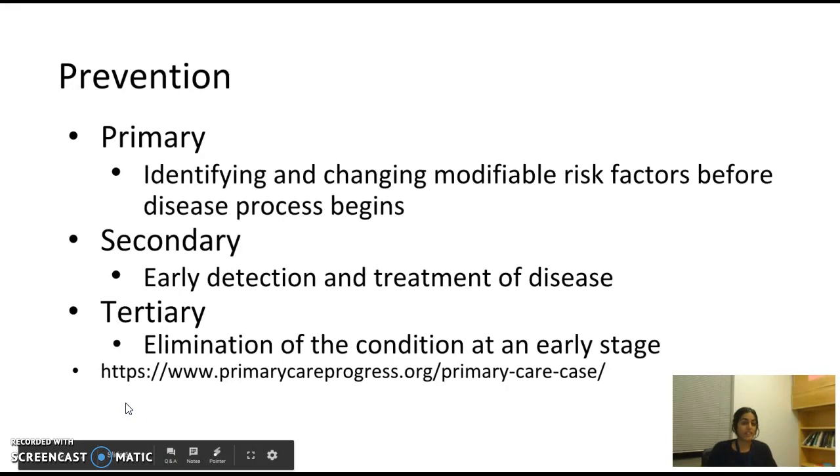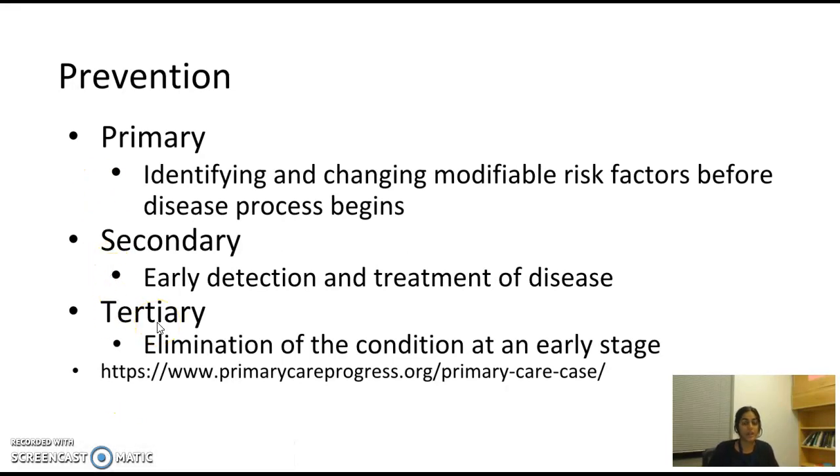So prevention, I think we've already covered primary, secondary, and tertiary prevention, but all three are addressed in primary care. In primary prevention, it's identifying and changing modifiable risk factors before the disease process begins. For example, that might be diet, exercise, all types of behaviors or choices.